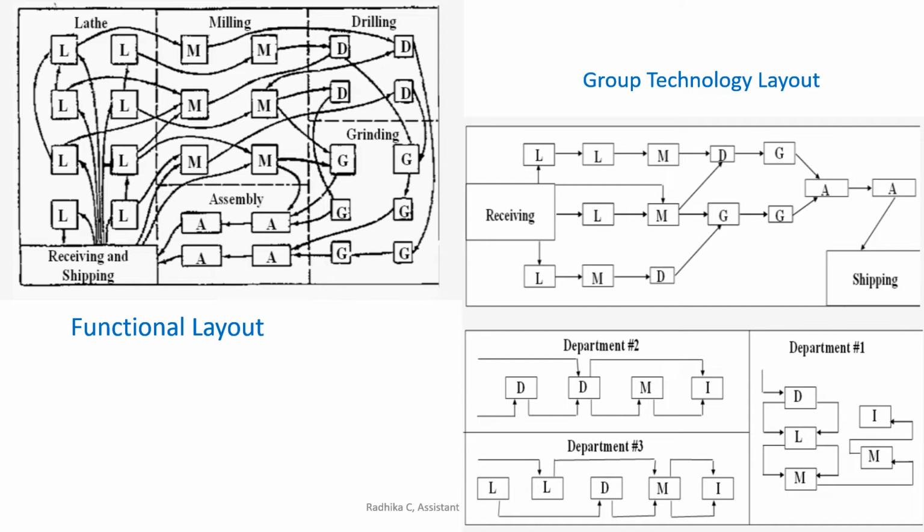Here the process is too clumsy, whereas in group technology layout the process is done in sequence order. The processes which are similar are grouped together and arranged in a clear format. So here group technology is compared with the functional layout.